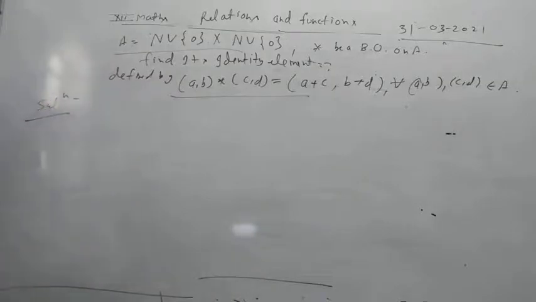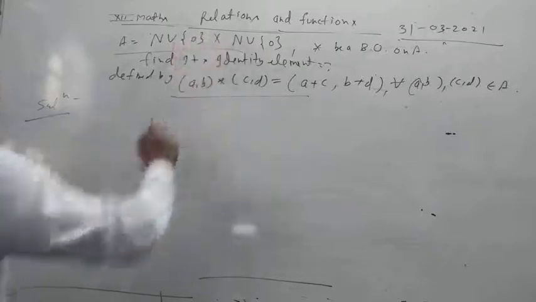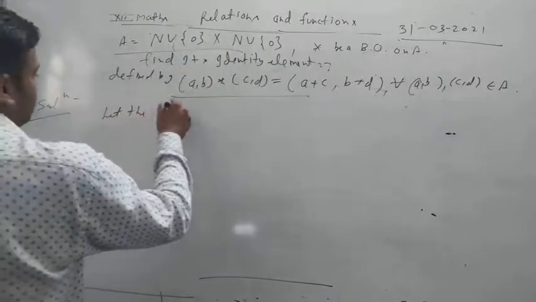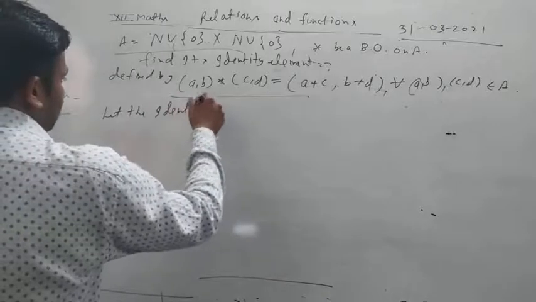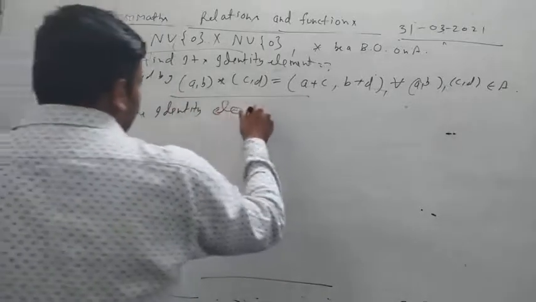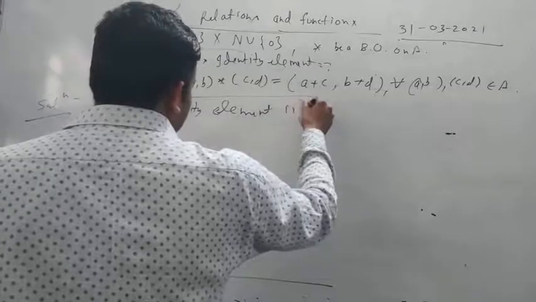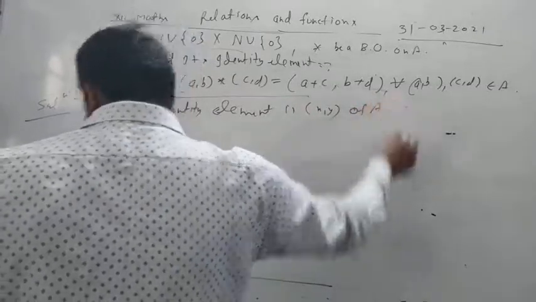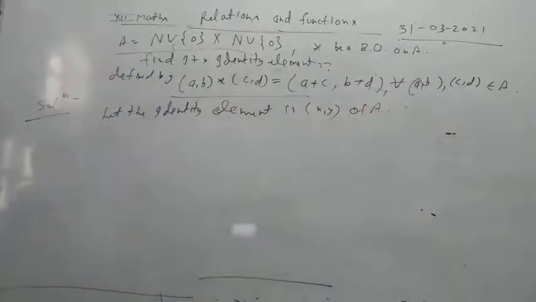So students, this is given in the form of ordered pairs, so we let the identity element be (x, y) of A. Our identity element in A is (x, y).